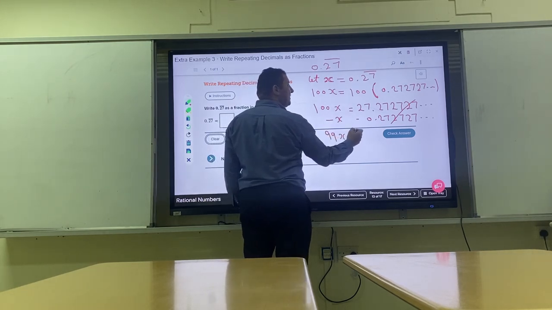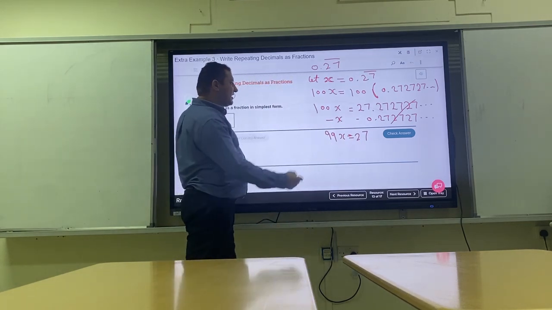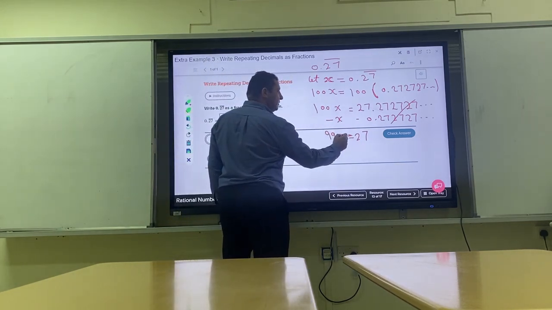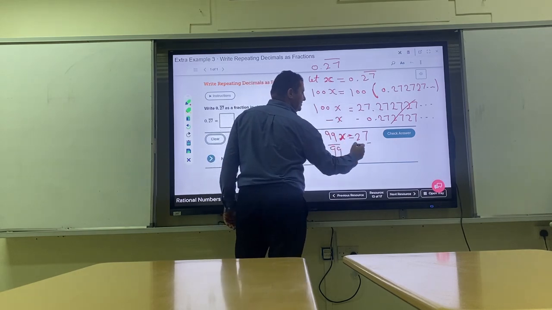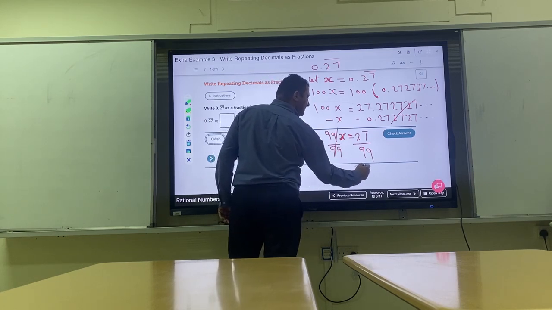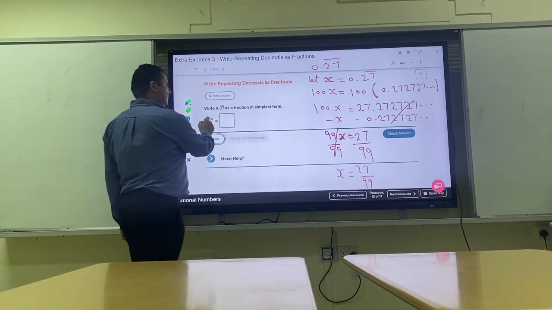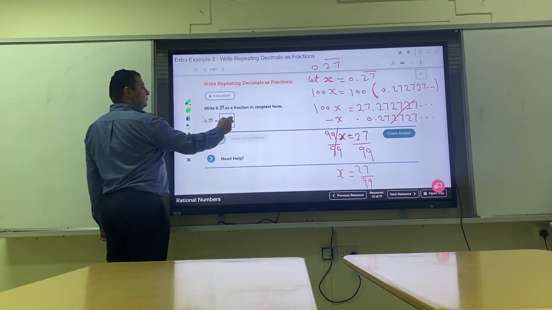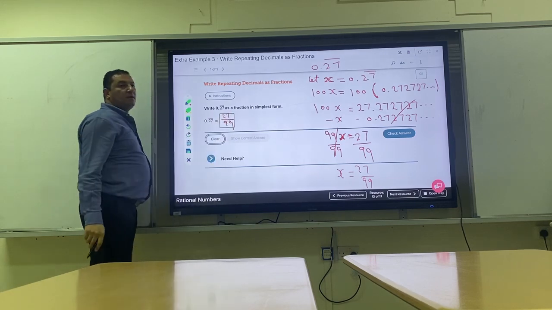And this is the same as 27 in the second part. If you want x alone, just divide by 99 on both sides. So x now is 27 over 99. This x was this value, so it's 27 over 99. Simple and easy.